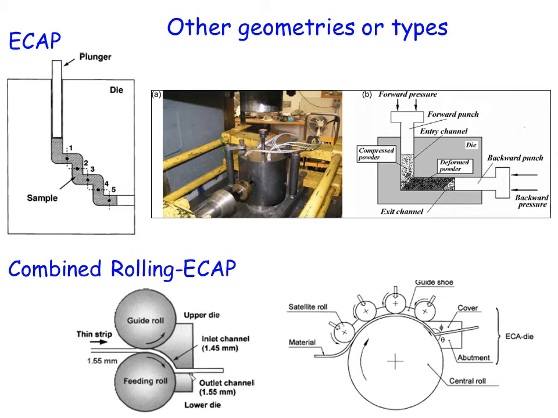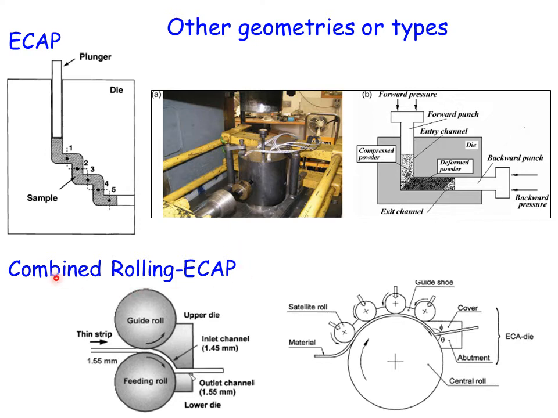There are many other geometries to apply ECAP, for instance going through complicated pipes like that, or you can have dies with a double press on one side and the other, so you can press first in one passage, again go 1, 2, 3, many passages in the same channel.